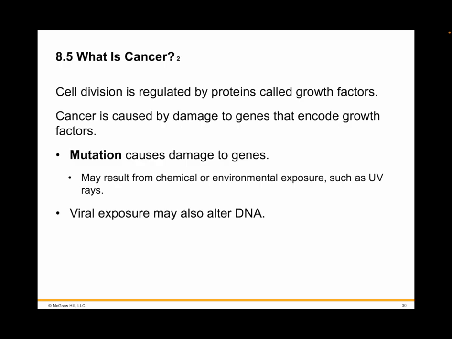Cancer can be caused by chemicals that alter DNA, such as the tars in cigarette smoke, by environmental factors such as ultraviolet rays or UV rays that damage DNA, or in some instances by viruses that circumvent the cell's normal growth and division. There are 2 general classes of growth factor genes that are usually involved in cancer: proto-oncogenes and tumor suppressor genes.